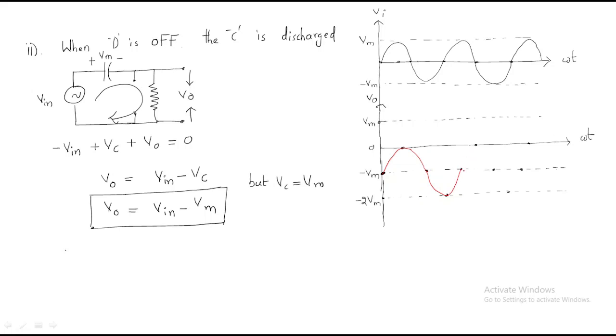For input Vm, it becomes 0. So it will follow the equation. By using the equation of output voltage, we will draw the output voltage.